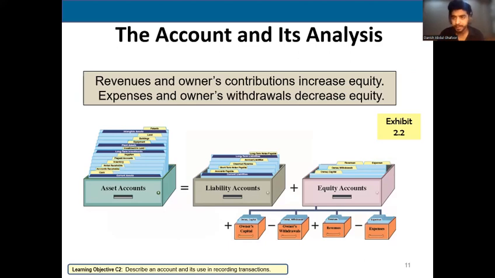Then those retained earnings will be greater when the revenues increase. Expenses and owners' withdrawals decrease equity. If we see the equation, revenue minus expenses is equal to retained earnings, as expenses increase, retained earnings decrease. Simple.